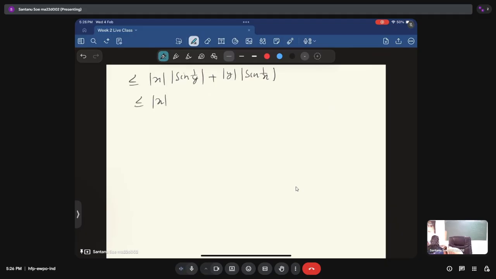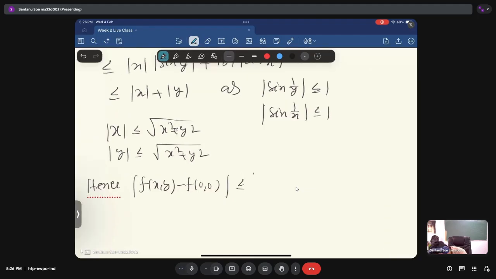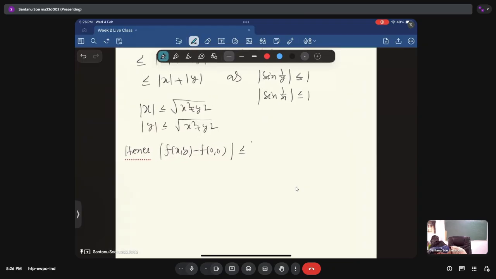And this is less than or equal to |x| + |y|, as the modulus of sin(1/y) is less than or equal to 1 and the modulus of sin(1/x) is also less than or equal to 1. And we already know that |x| is less than or equal to sqrt(x^2 + y^2). |y| is also less than or equal to sqrt(x^2 + y^2). Hence, |f(x,y) - f(0,0)| is less than or equal to 2 times sqrt(x^2 + y^2).